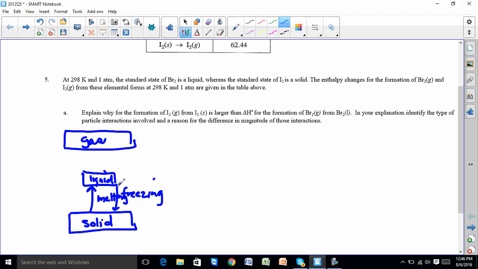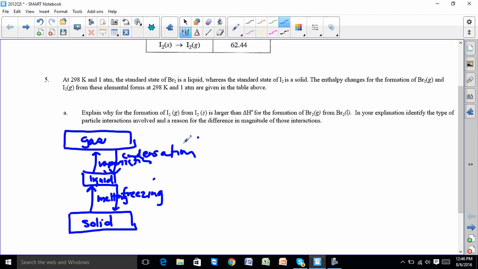And this is an exothermic process, because this liquid has to give up some energy before it can fuse. The chemistry term for how much energy it takes is the heat of fusion. Liquid to gas is what we call vaporization, and gas to liquid is called condensation.